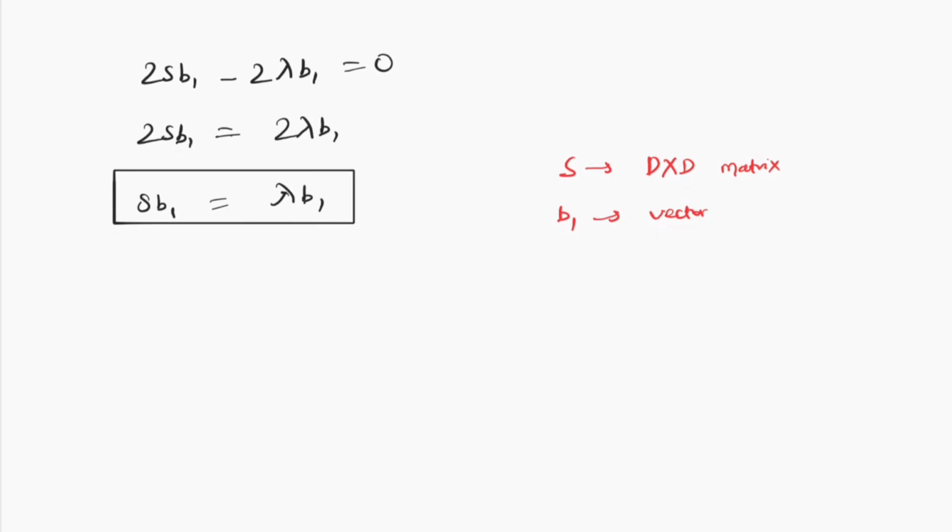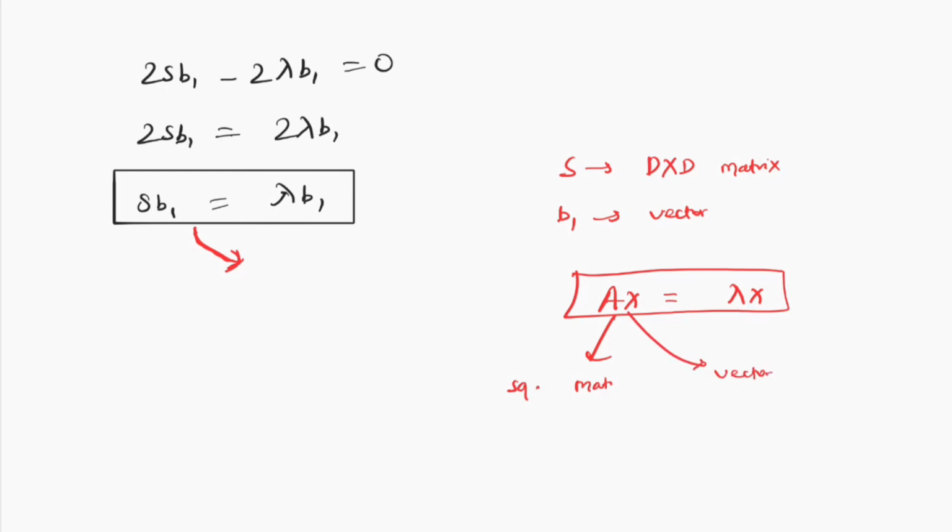This equation is very important. Ax is equal to lambda x, where A is a square matrix and x is a vector. Lambda becomes a constant, and this vector is considered the eigenvector, and this lambda is considered the corresponding eigenvalue.